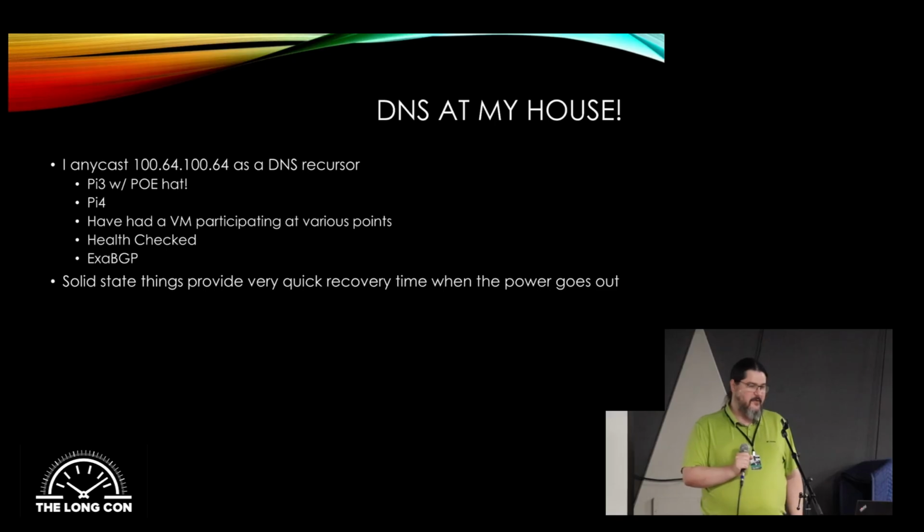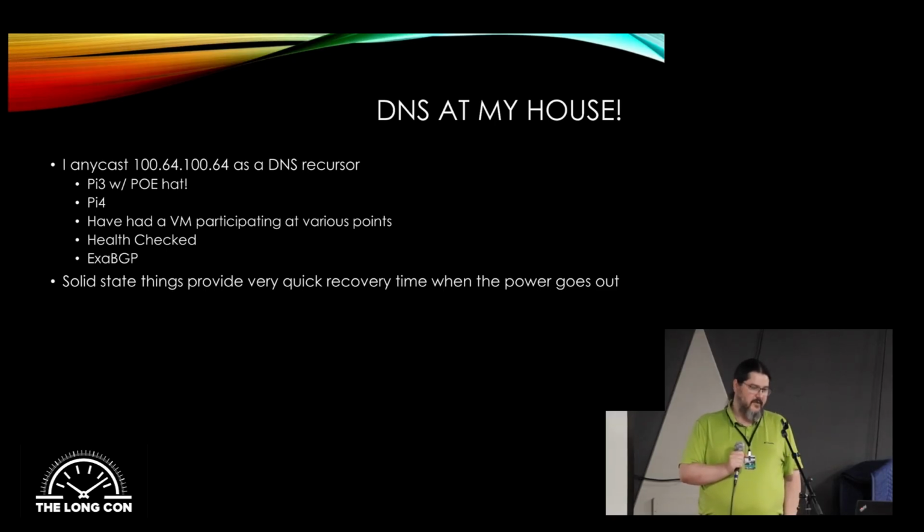I run a Pi 3 with a PoE hat, so I PoE power that one. The Pi 4 is just a standard one, and I've had various VMs participating. It's health checked, so basically the second that the DNS server stops responding, as soon as 3 requests fail, it automatically pulls the BGP advertisement, which then stops traffic from going to a dead server.